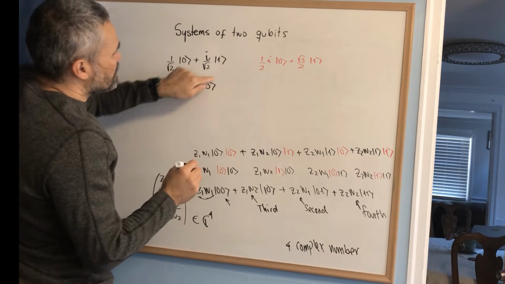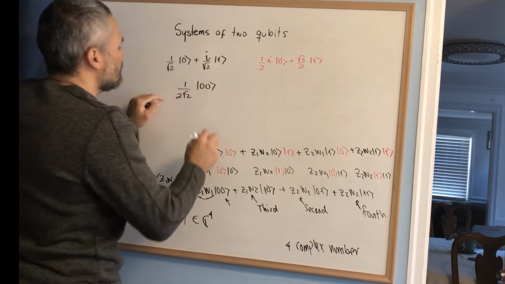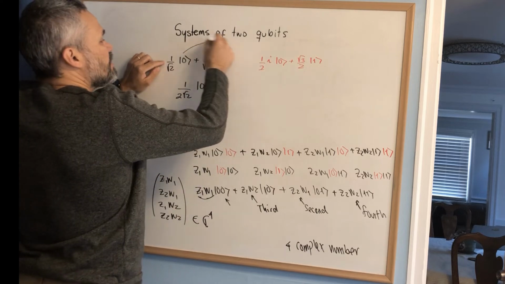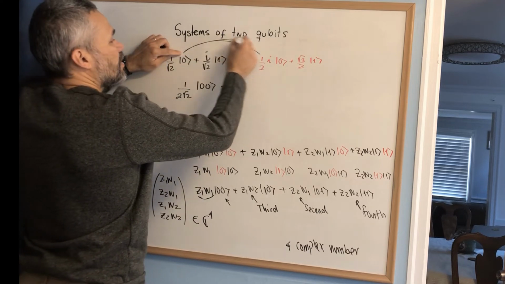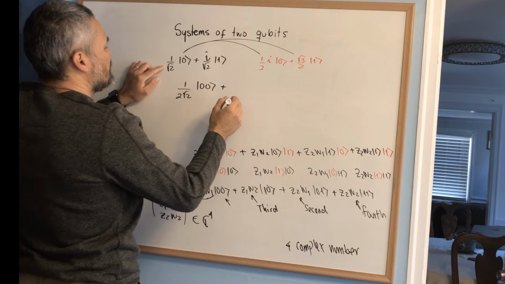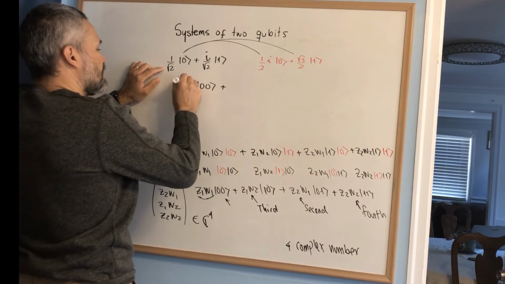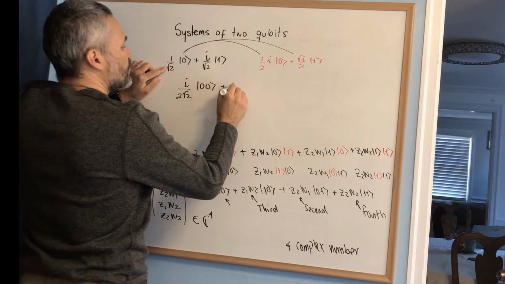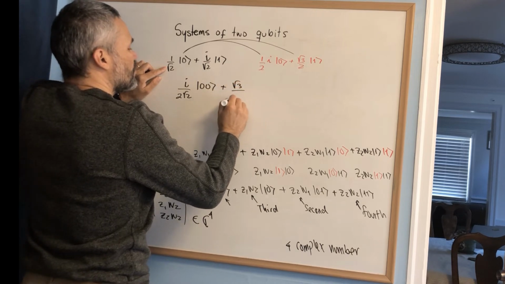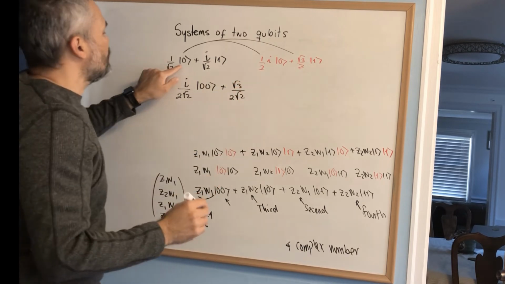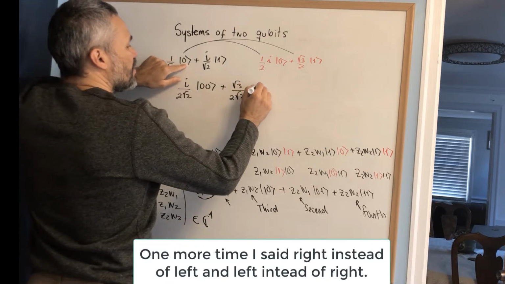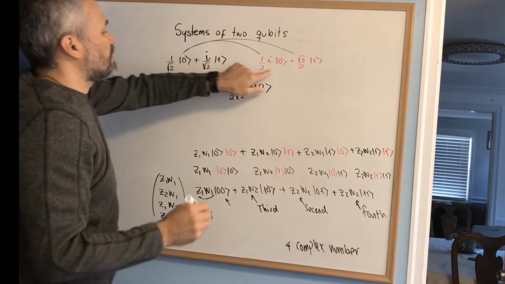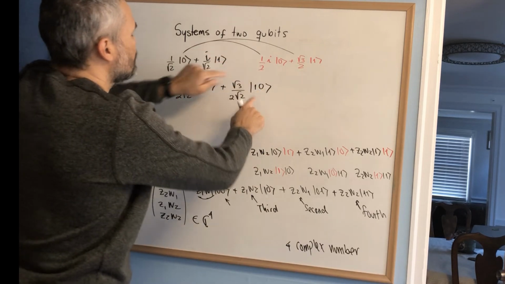This 0 is because of this, and this 0 is because of this. And then plus, let's do this. I'm doing this times this. Now, this times this. I think I'm forgetting the I here. And then here we have square root of 3 over 2 square root of 2. We're writing this one on the left and this one on the right. This is qubit 1 and then qubit 2.